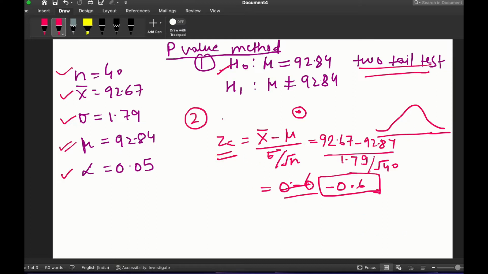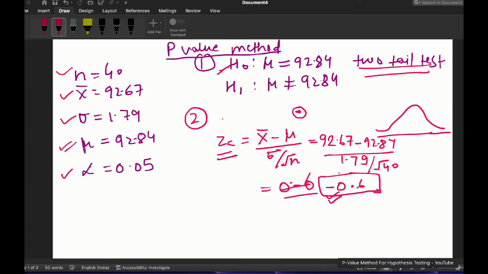We also know the concept that area is always given from the left. Also I will show you one interesting thing: what it means when you get a negative value. Suppose you made a mistake with this minus 0.6, but your concepts are clear about which area we are getting.